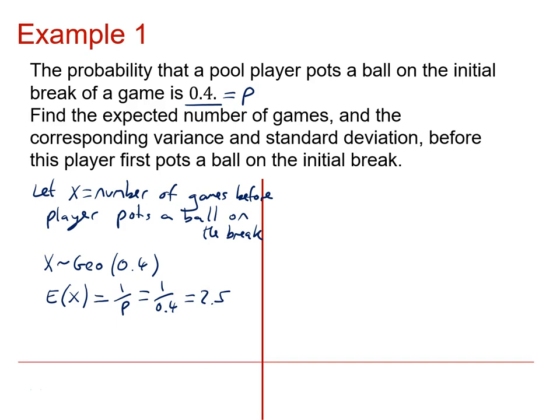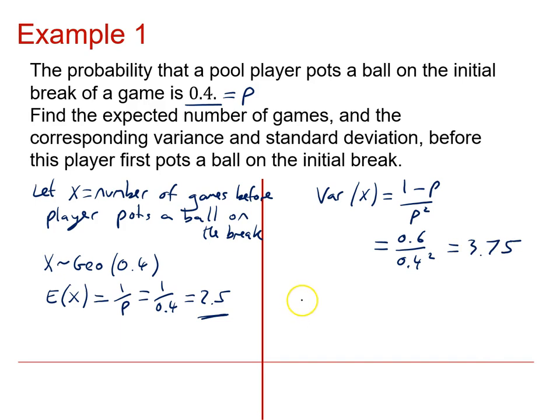So our expected value of X is 1 over p, that's 1 over 0.4, which is 2.5. So we would expect to pot off the break every 2.5 games on average. Similarly, the variance of X is 1 minus p over p squared, so that is 0.6 over 0.4 squared, which is 3.75.